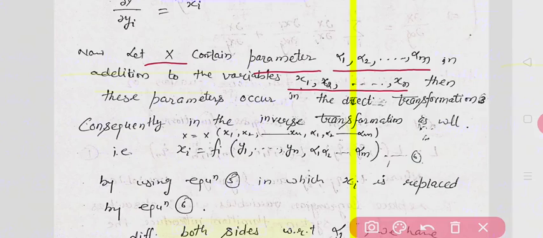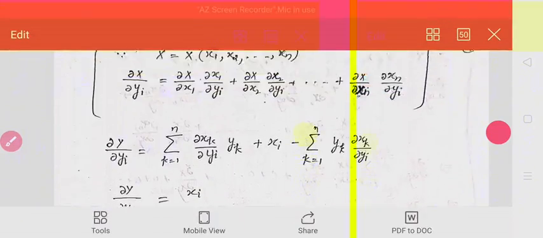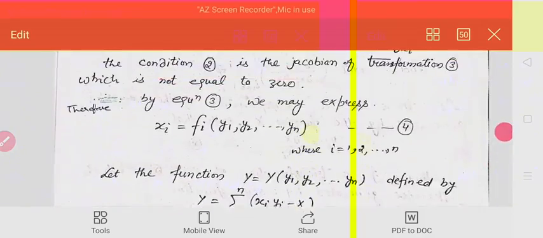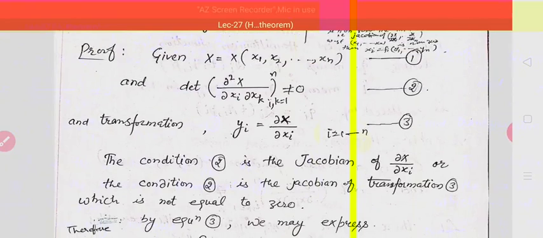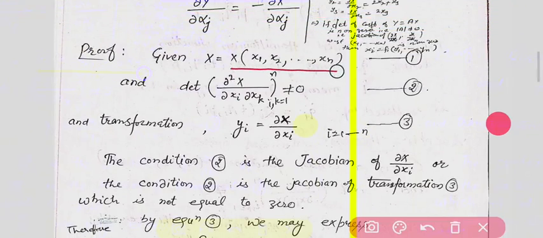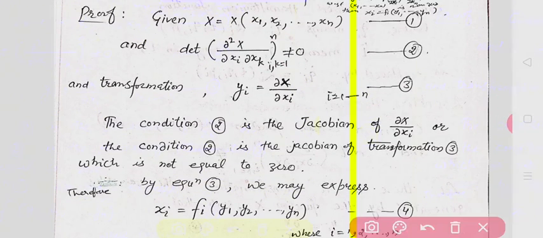If alpha 1, alpha 2, ..., alpha m is contained in capital X, and in this X alpha 1, alpha 2, ..., alpha n is included and these conditions are there, then what we have to prove here is that we said xi is a function of y1, y2, y3, ..., yn.